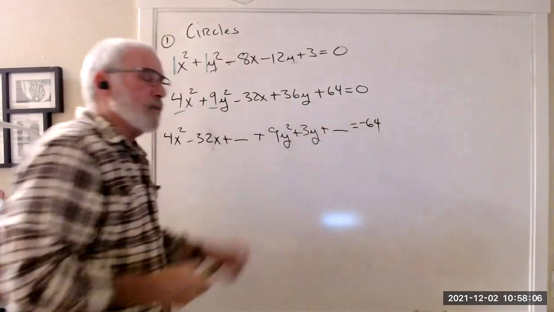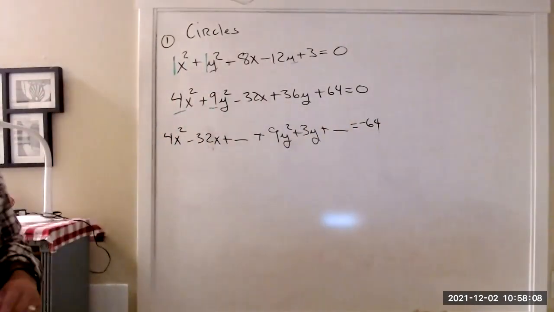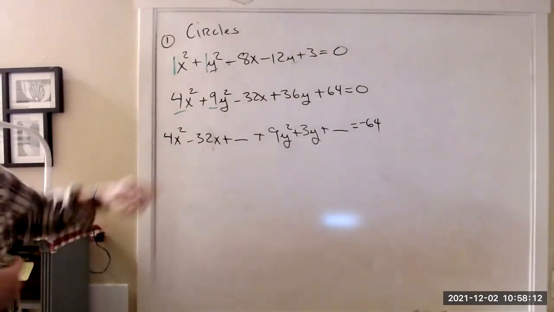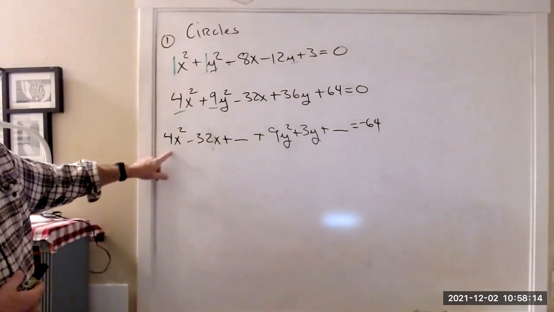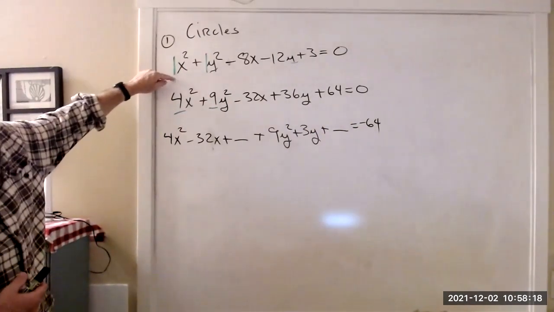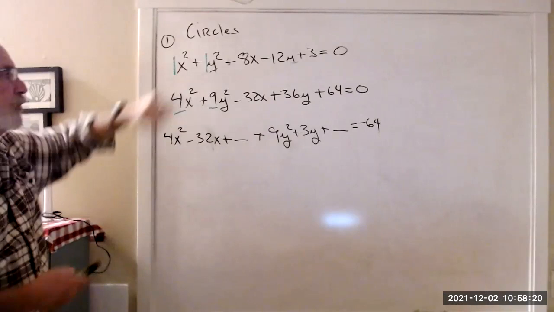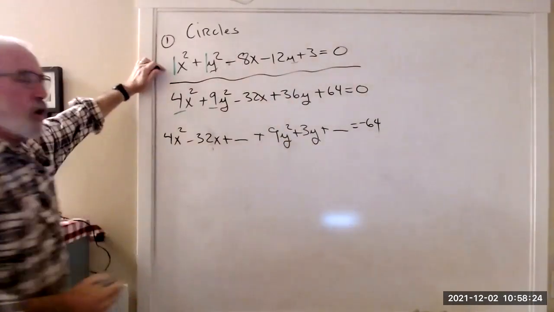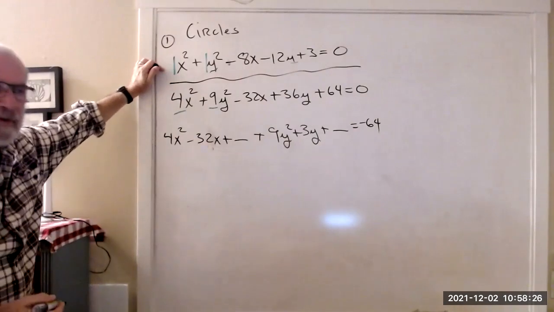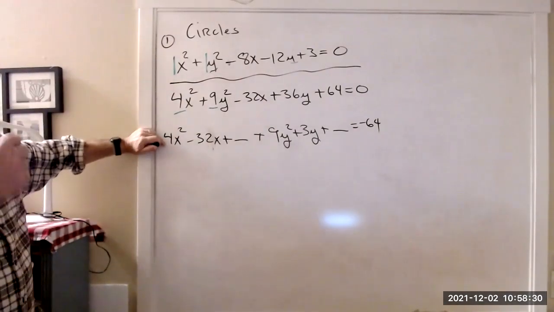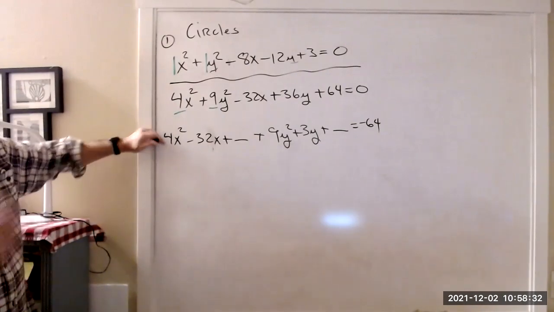But one of the problems with completing the square is it doesn't work when the coefficient is more than 1. It was really easy to complete the square up here on the circle, because the coefficient was 1, so we didn't have to think about it. But down here, the coefficient is not 1, so we're in trouble.